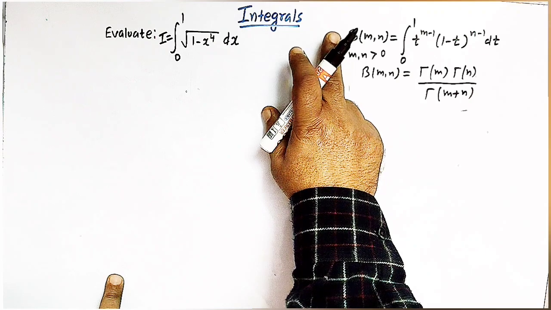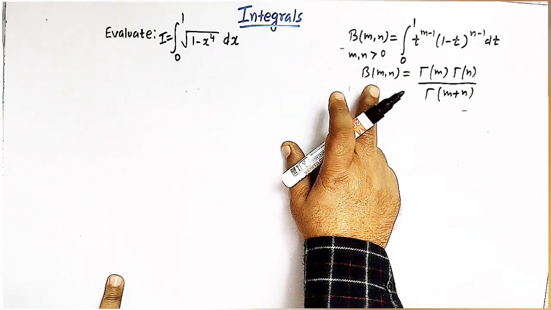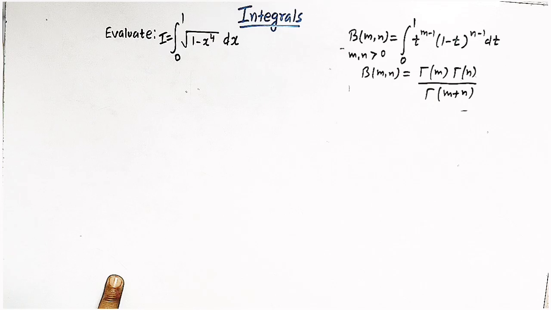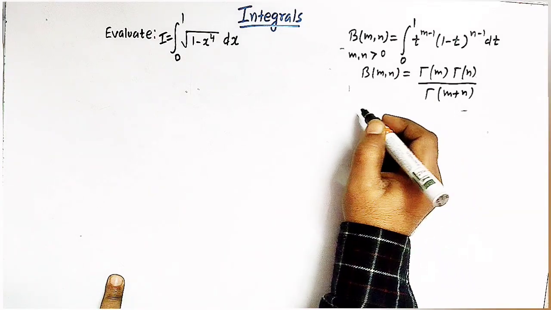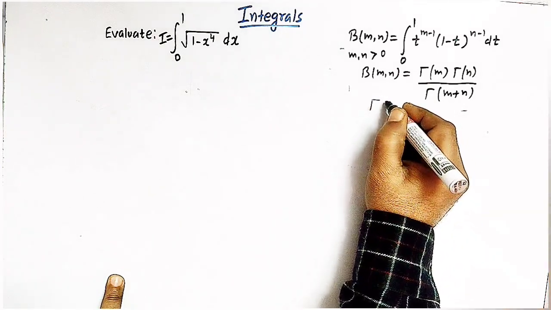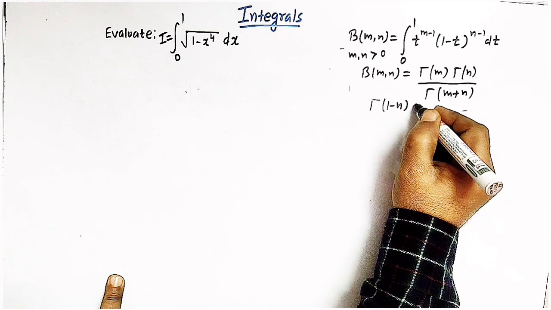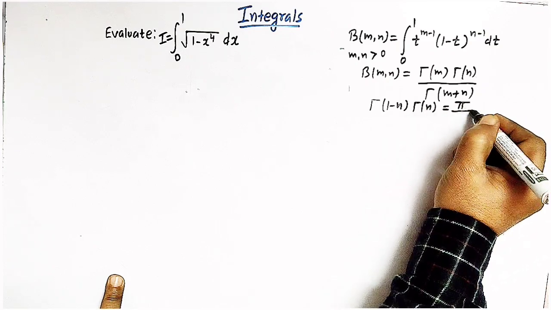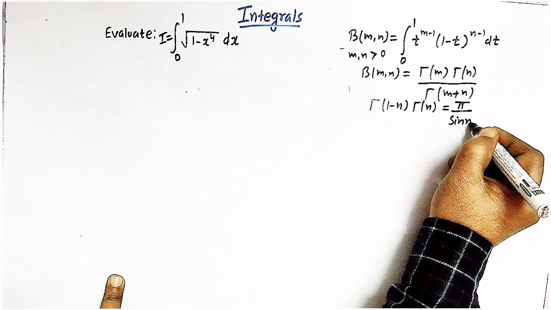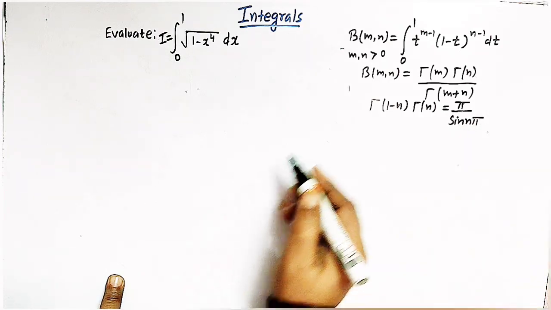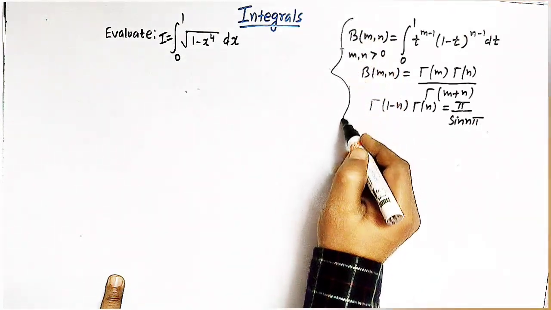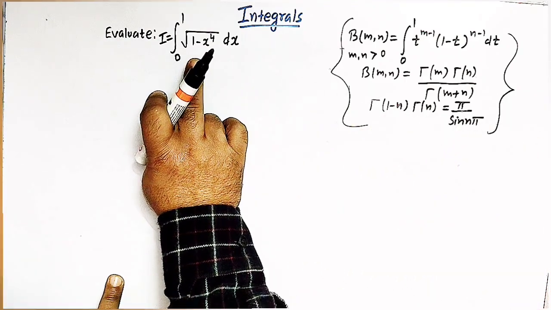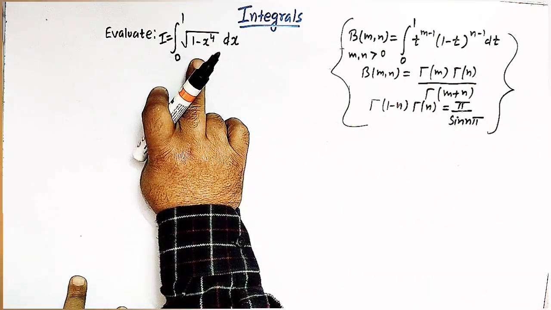So apart from these two important results, we'll also make use of the famous Euler's reflection formula, that is gamma 1 minus n times gamma n is equal to pi divided by sine n pi. So these three important results are to be used while solving this integral.